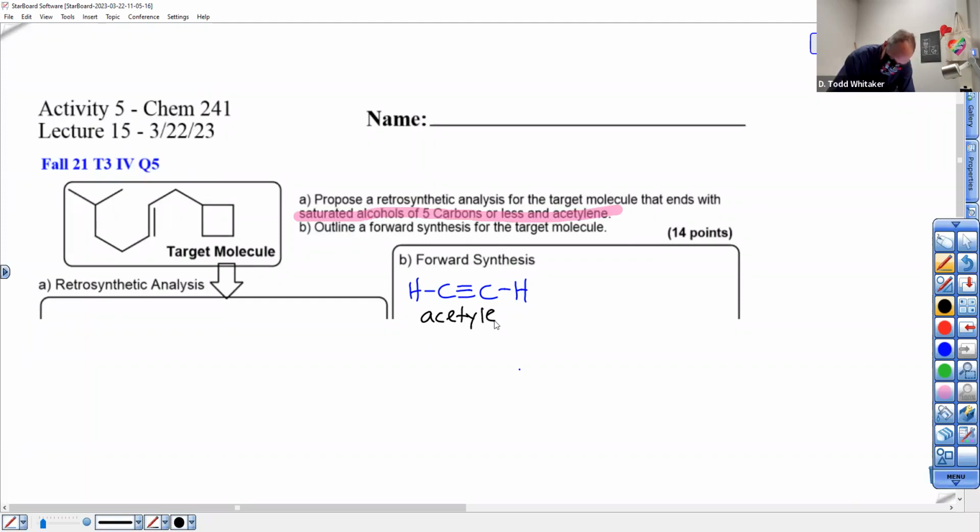We have to describe this goofy arrow here. That is a retrosynthesis arrow.